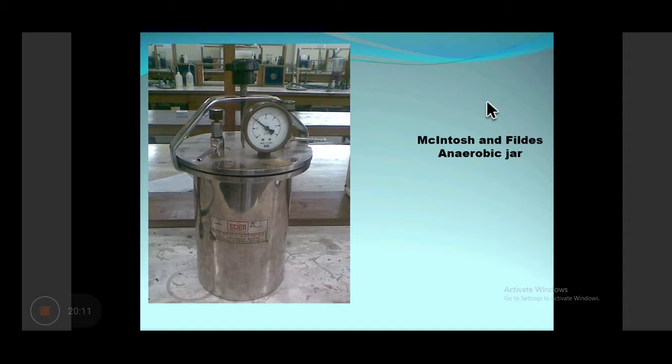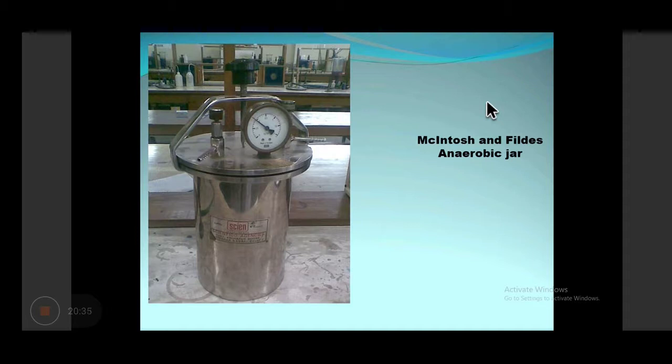Okay, this is the Macintosh or Fildes anaerobic jar. And this is a jar containing the plates. And that is the system where the evacuation process is done.